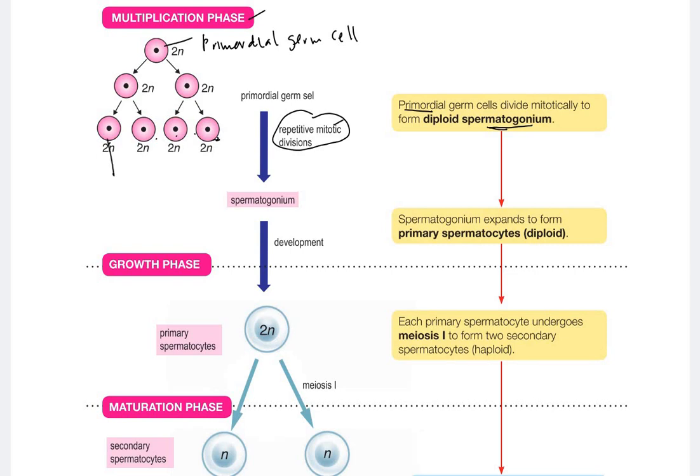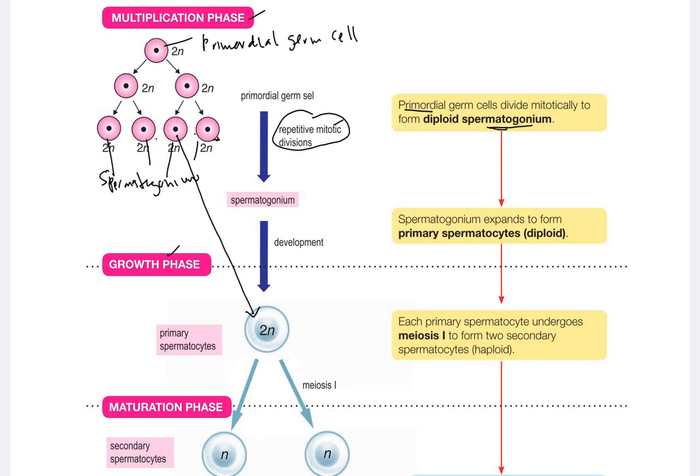So we name it, for example, as spermatogonium. Okay, so it actually divides, so a lot of the spermatogonium will be produced. Okay, then spermatogonium expand to form primary spermatocyte. Then it will enter the second phase, that is the growth phase, whereby this spermatogonium will develop into primary spermatocytes.